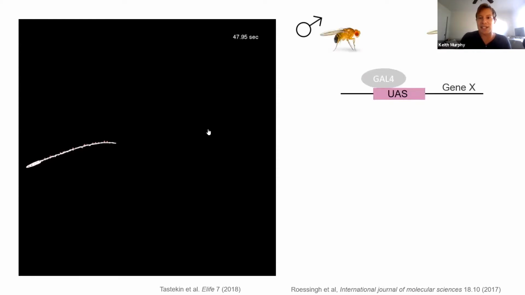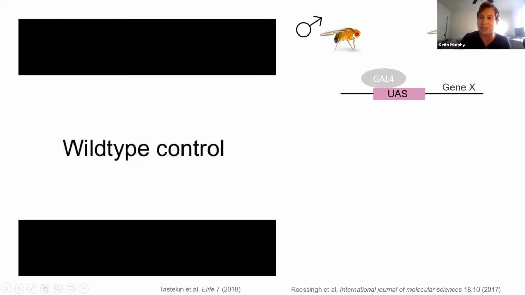And Drosophila has a bunch of its own tools that we can use for editing the genome. One of them is called the Gal4-UAS system. We talked about this last class. In this case, you have a promoter that is genetically encoded into one sex. Here it's encoded into the male.